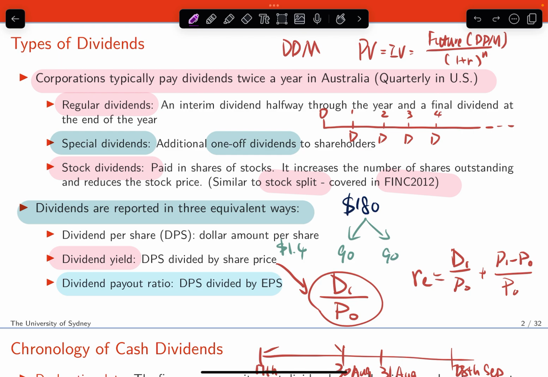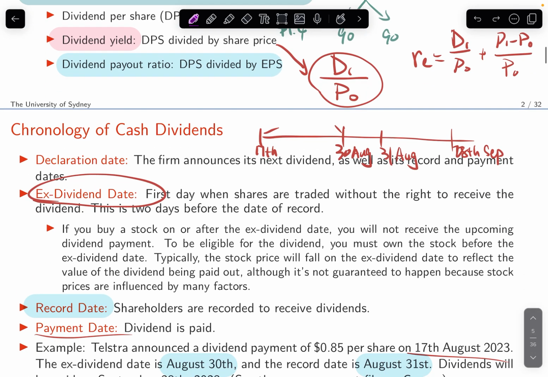It is simply dividend per share divided by EPS. Or if we multiply both sides by shares outstanding, we get total dividend payouts divided by total earnings. These are three equivalent ways of presenting the same information, so be able to move between the three if you are given the relevant information.